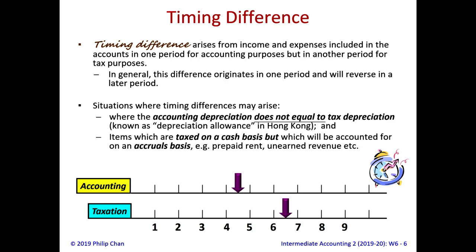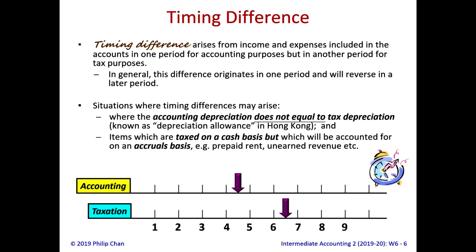For instance, from an accounting point of view, usually we have a straight-line depreciation method. From tax laws, usually tax depreciation will apply a diminishing method, so you would charge higher tax depreciation in the year of purchase and then gradually reduce. Also, sometimes the magnitude may be different as well. Later on I will show you an example, particularly on PPE, with a very big example to be followed on the coming slides.